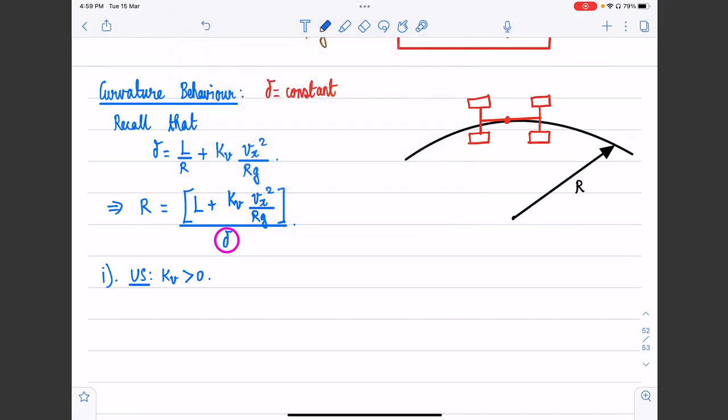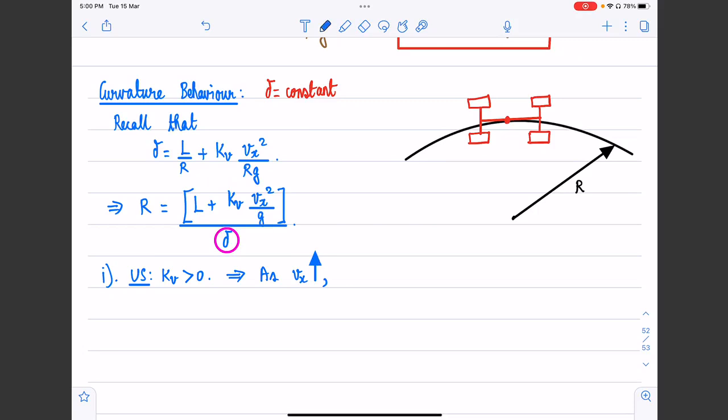We can see that since KV is greater than 0, as Vx increases in value, okay? Yes, please. Sir, R will come again in that derivation. Oh, okay. Sorry. Yeah, sorry. This should be Vx squared by g. Thanks for pointing that out. That's a typo from my end.